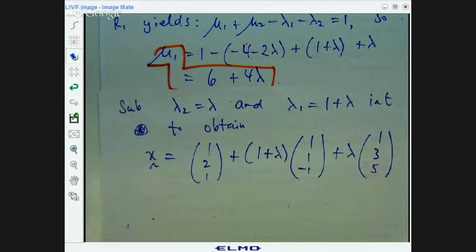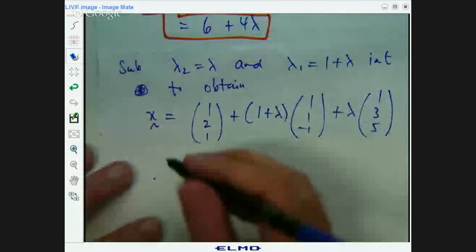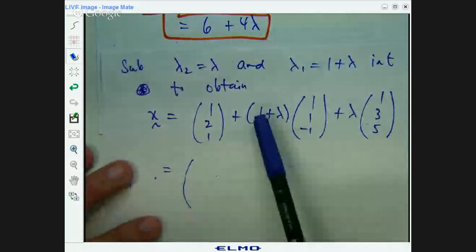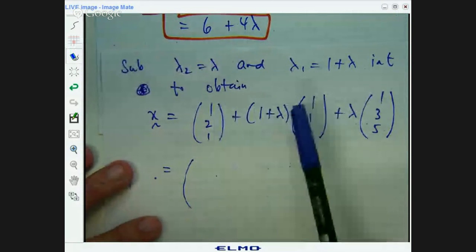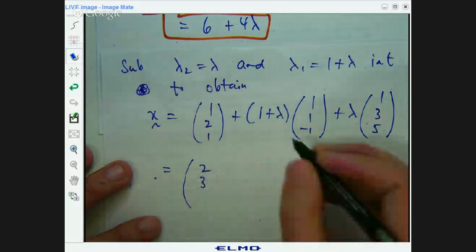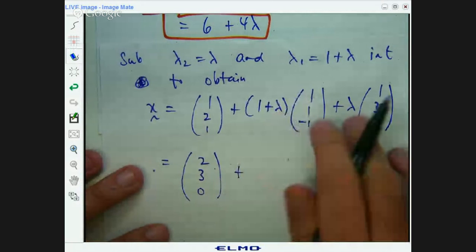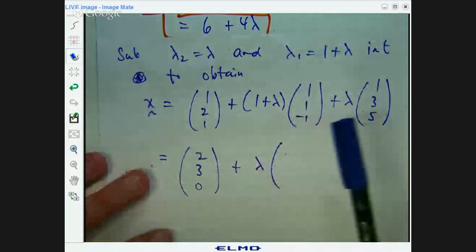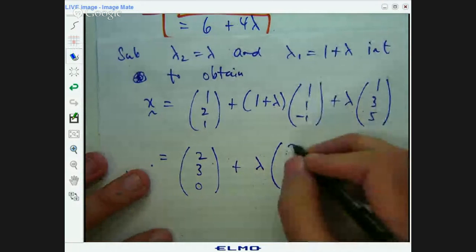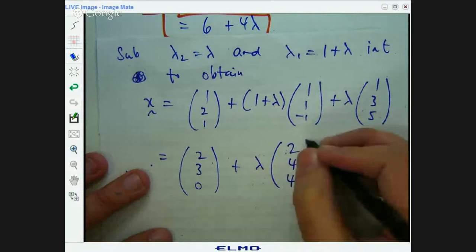All we need to do is put the constant vectors together. If I expand that, it'll be this plus 1 times all of that, so I'll get 2, 3, and 0. Then I've got a common factor of lambda for the other vectors, and I can just add this up. So it'll be 2, 4, and 4.